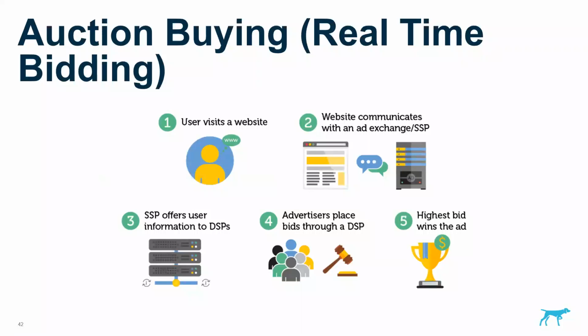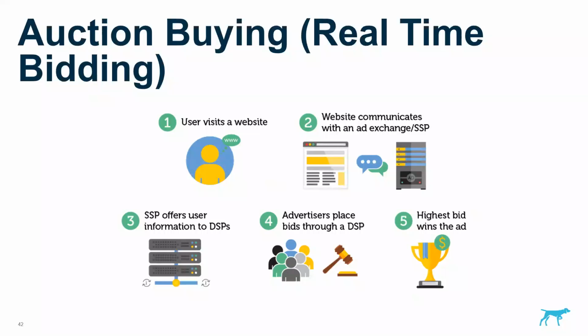So if you look at the process from the user's perspective, the user visits the website, which talks to the SSP, which takes that user's information and makes it available, and the advertiser is placing a bid. Highest bid wins, the ad appears on the site, and hopefully the user clicks it or at least pays attention to it.